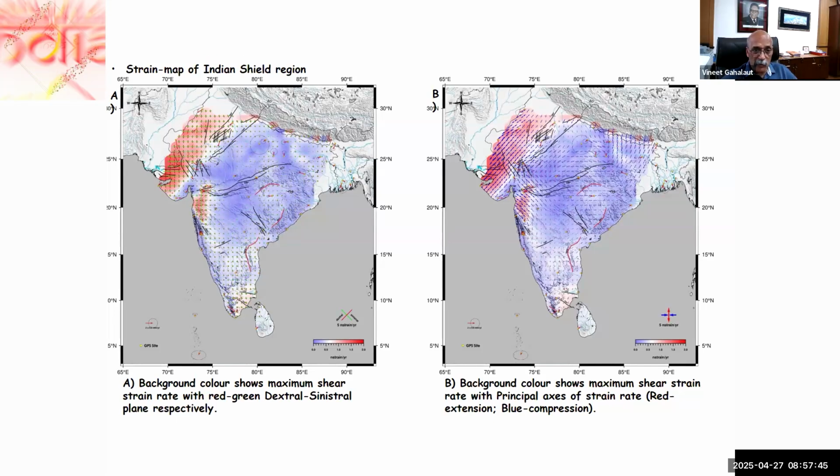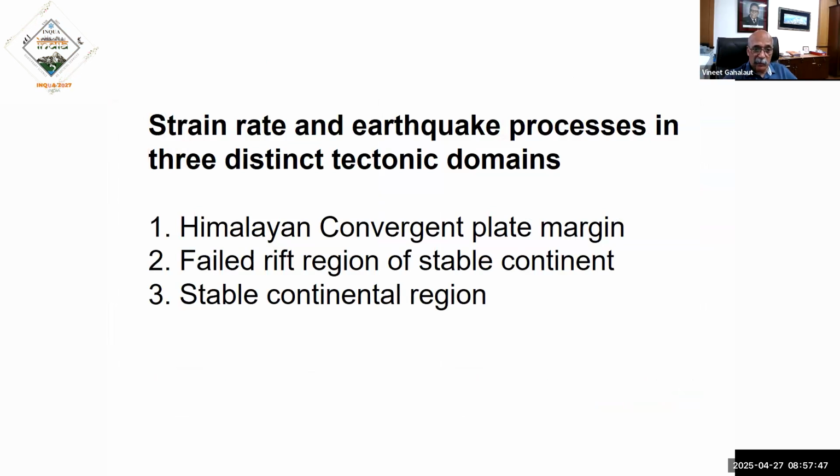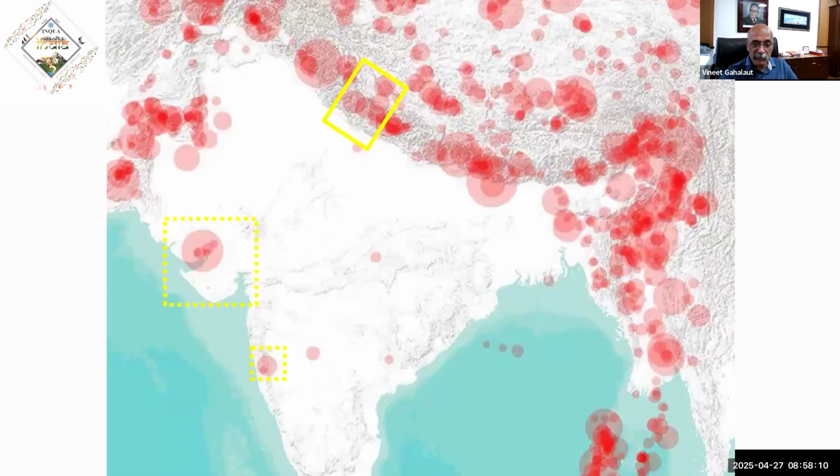So that's what I'm going to do. I'm going to show you 3 examples here: the Himalayan convergent plate margin, then the failed rift region, and the stable continental region. These are the typical regions of any plate margin, and I'm going to show you how the deformation process works, and what the rates are in these 3 different and distinct regions.